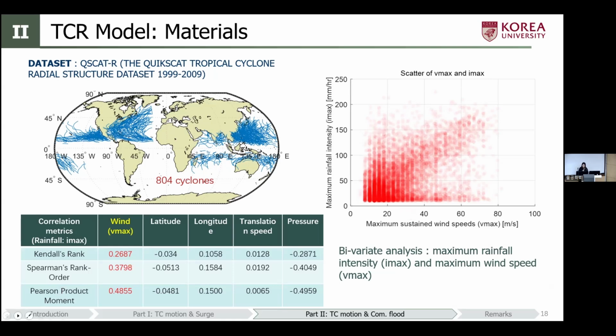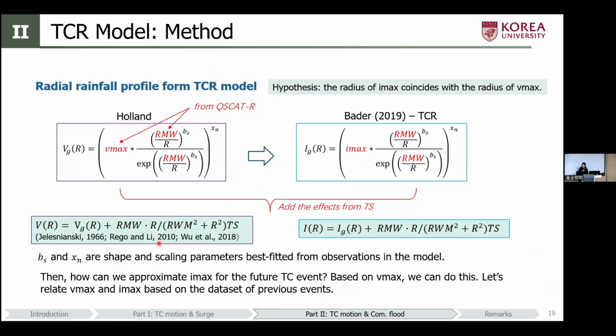So we will adopt the method. We need to switch the variable, the maximum wind speed, to the maximum rainfall. And this is the previous model, Bader's model. And in our model, we will add another effect from the translation speed.